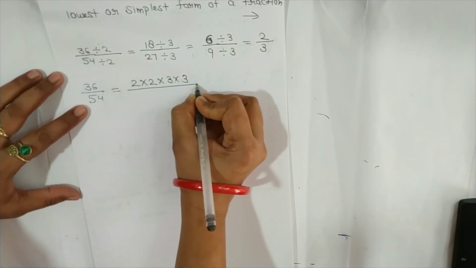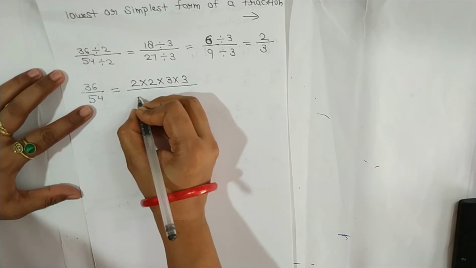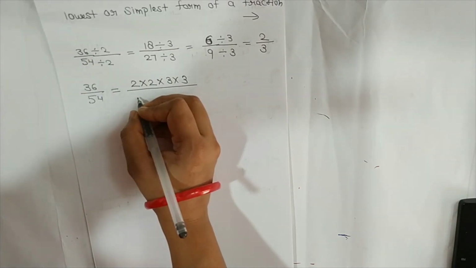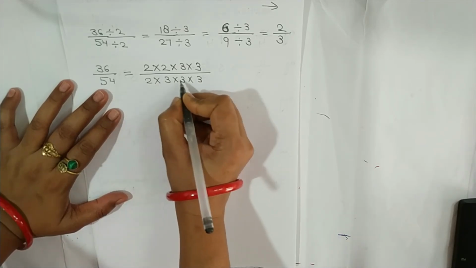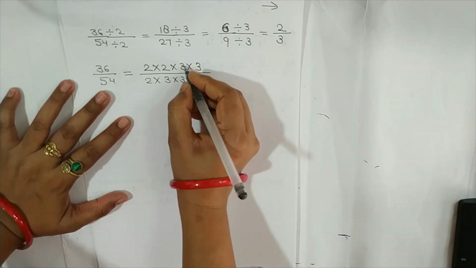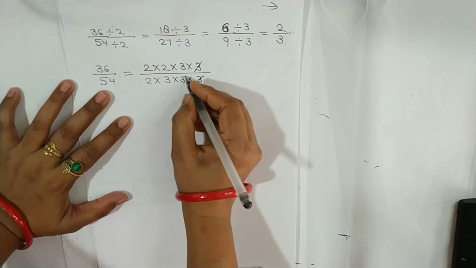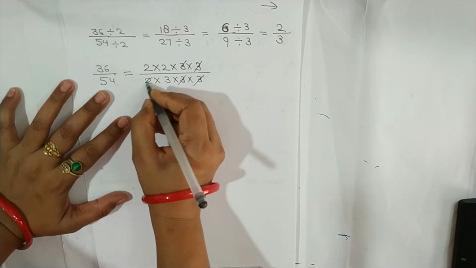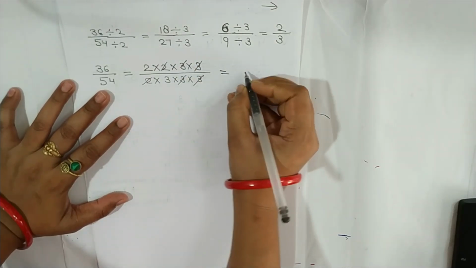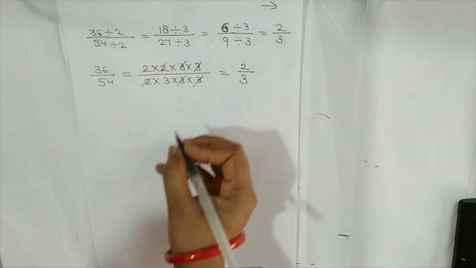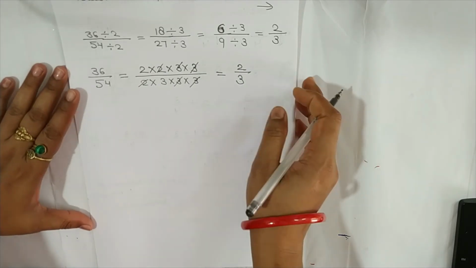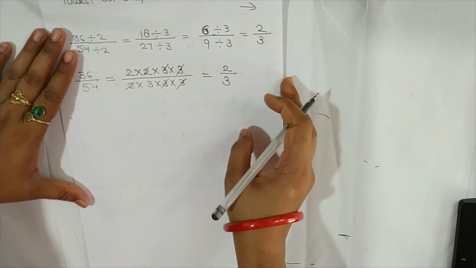Okay, then 54. So it can be written as 2 multiplied by 3 into 3 into 3. Now from this, the 3s will be cancelled, 3 and 3, and 2 and 2. So what will be remaining? 2 upon 3. Okay, so this is the second method to convert to the lowest form.